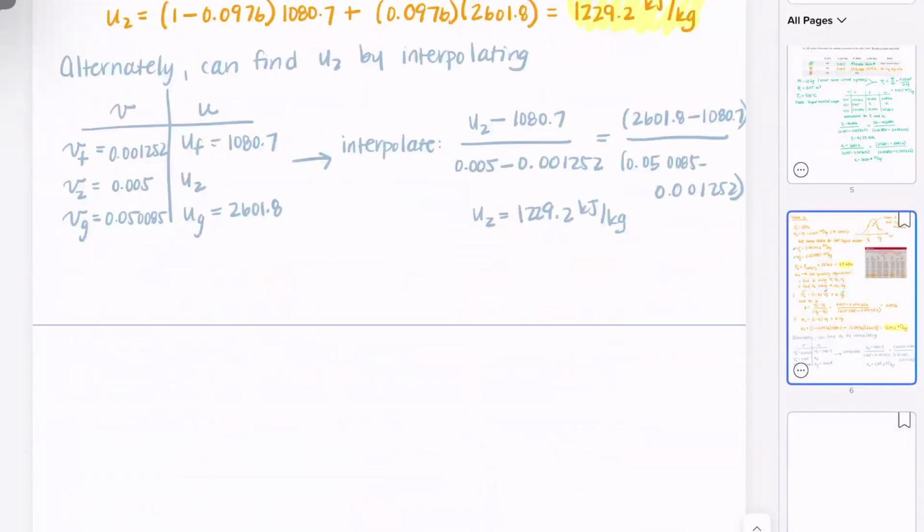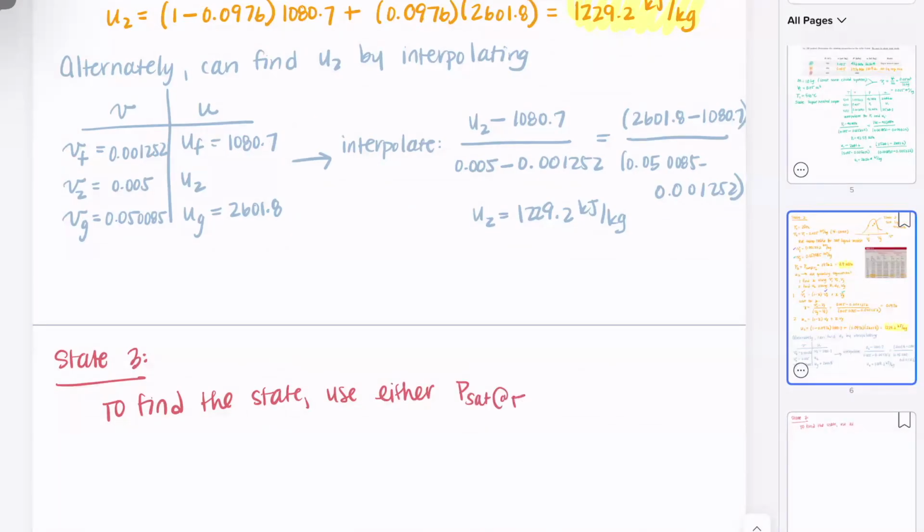Okay, so for state 3, to find the state, use either PSAT at T3 or TSAT at P3. You can do either one of these, it doesn't matter.